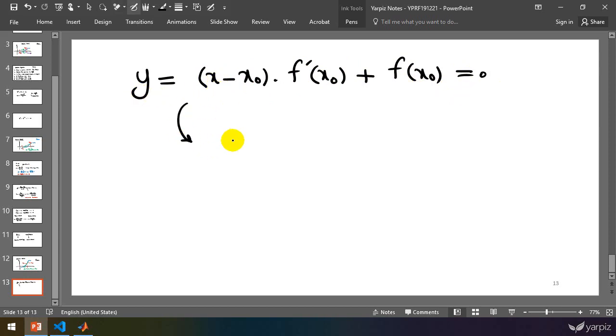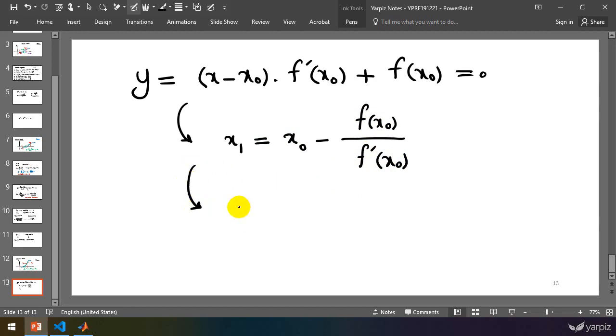If we solve for x and name the root x1, then it can be expressed as: x1 equals x0 minus f(x0) divided by f'(x0). Next, we use the same equation to calculate x2, which is equal to x1 minus f(x1) divided by f'(x1).